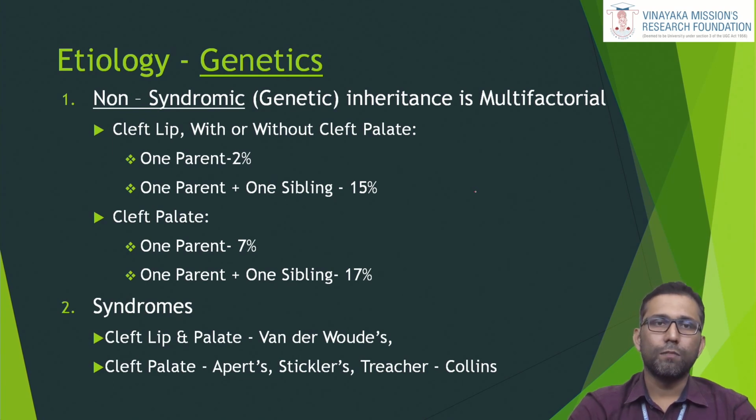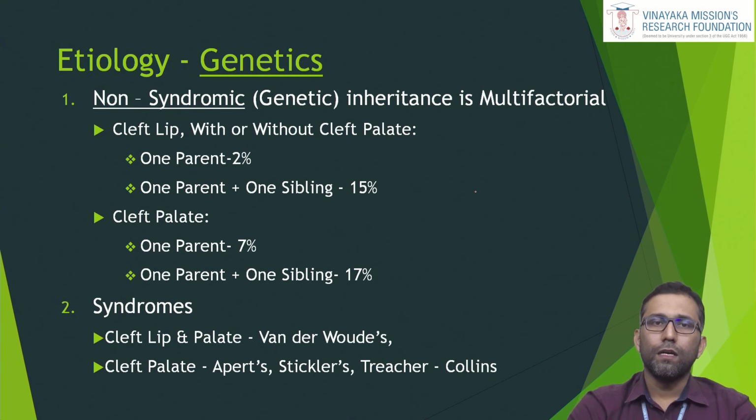Okay. Now coming to cleft palate alone, if one parent has a cleft palate, there is a 7% chance for the first child to have cleft palate, whereas if one parent and one sibling have cleft palate, there is a 17% chance for the second child. That means out of 100 live births, 17 children have cleft palate.